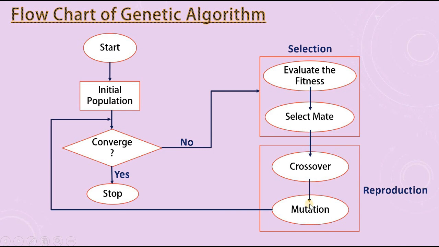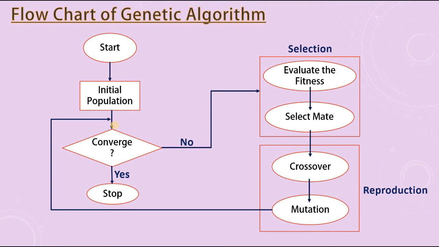Then coming to mutation, we interchange their genes and create some new solutions, and again it goes to the convergence check, meaning we check for the termination condition.